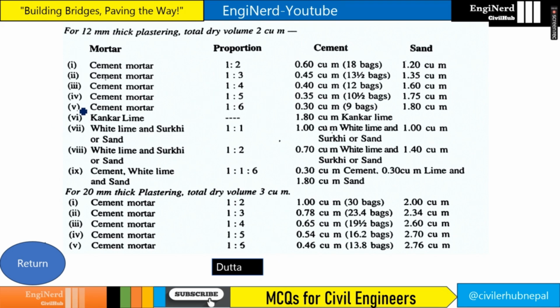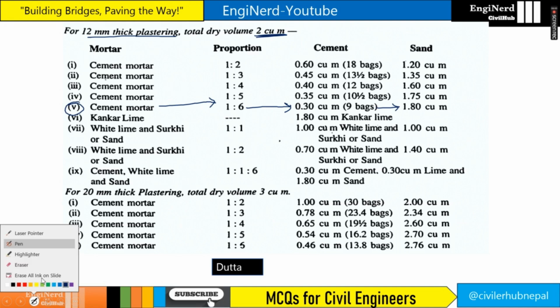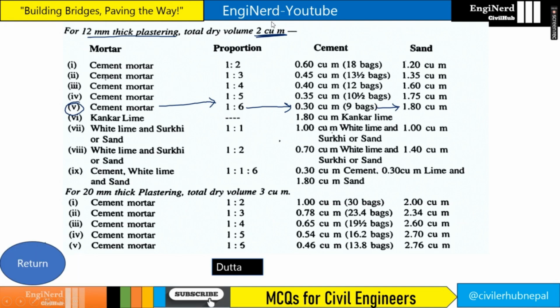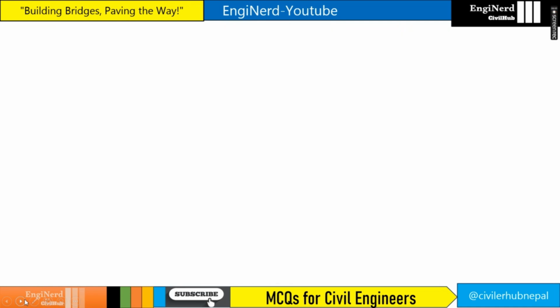In the 5th number, cement mortar, for 12 mm thick plastering, total dry volume is 2 cubic. He has given this total dry volume and also the total cement volume directly. So let's see how he calculated this 2 cubic, and how he calculated this 0.30.